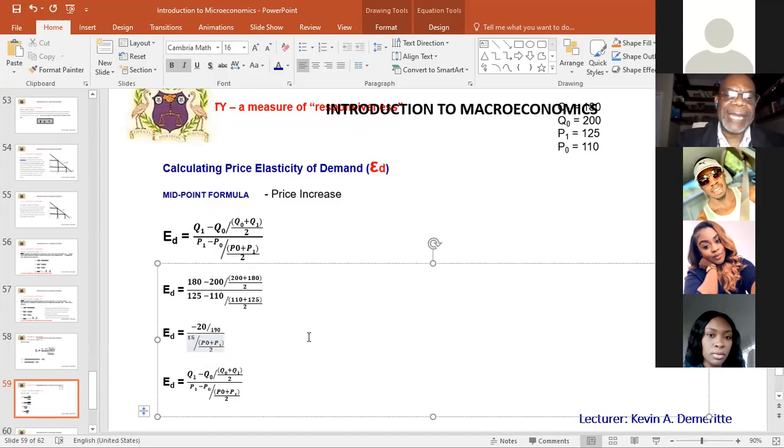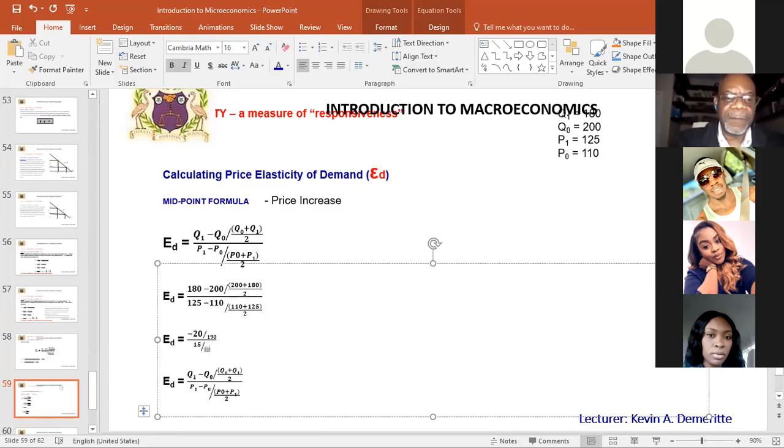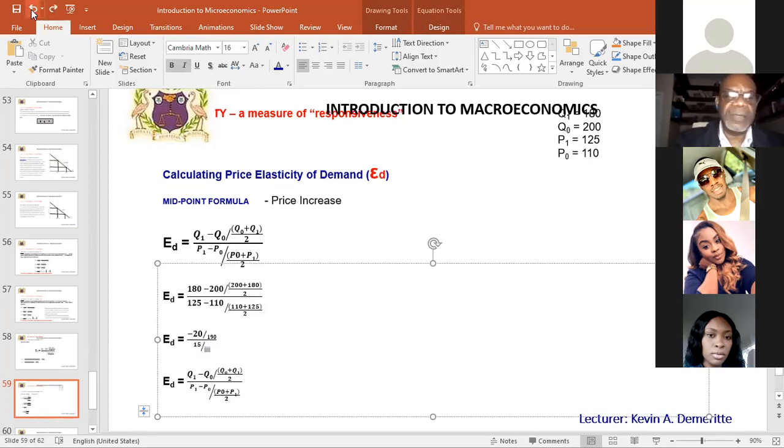I got the bright idea in my head that we would actually do this together. Silly me. We're just watching. Yeah, right. And P0 plus P1 divided by 2 is 110 plus 125 divided by 2, which gives me what, 112.5? How am I messing this up? You get 117.5.